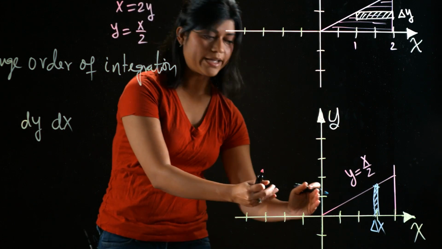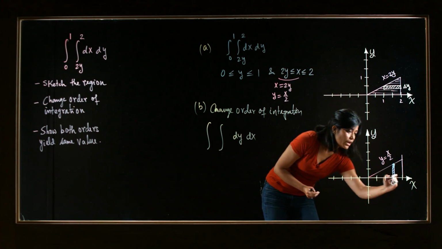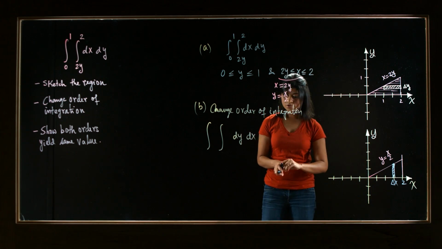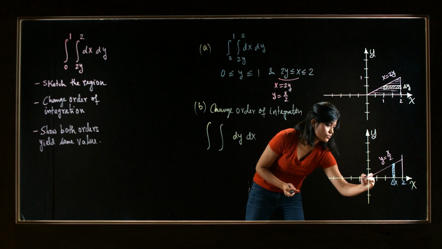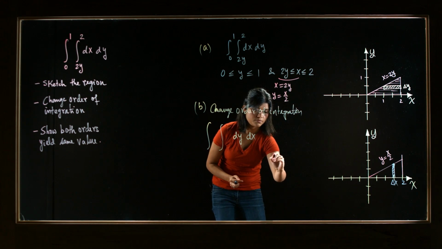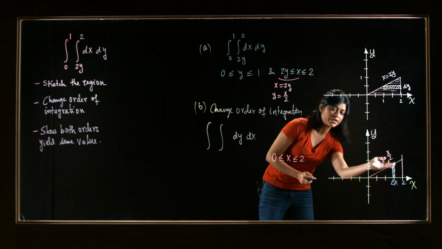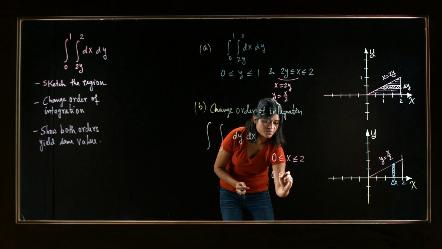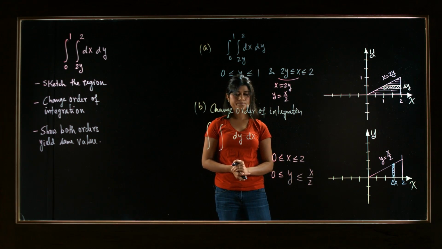Let us look at the bounds of x and y. I know that this is 2, so x is from 0 to 2, and y is the length of the rectangle. From the x axis to the line, y is between 0 and x over 2.